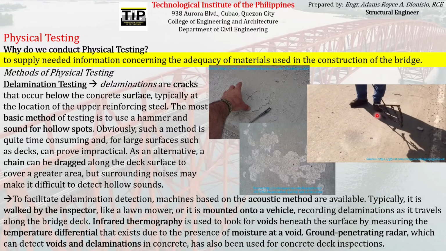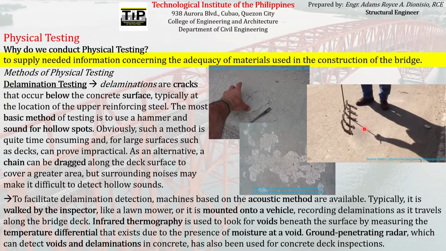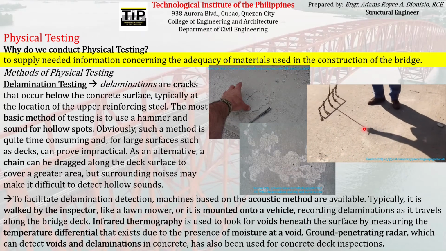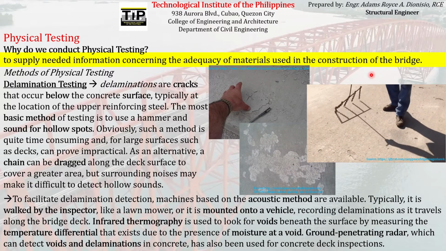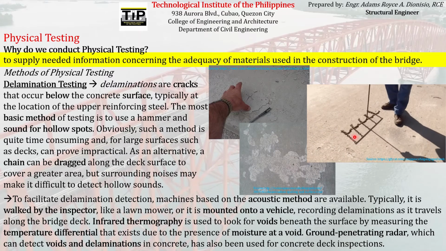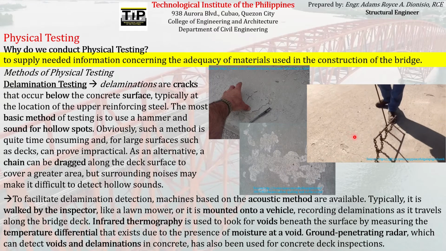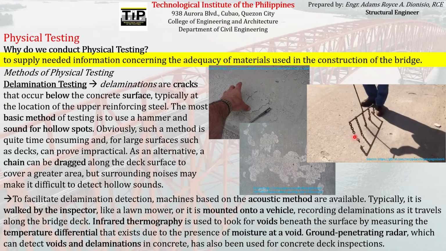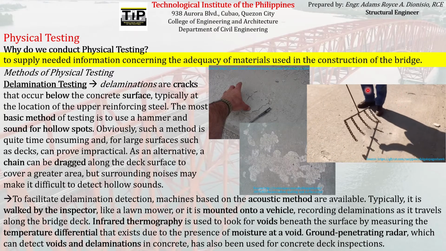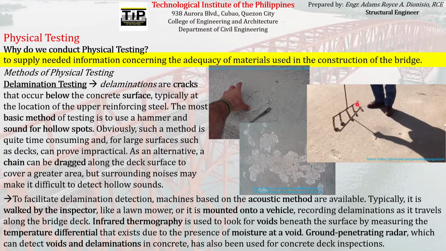As you can see here, the use of chains to detect delaminations can also be disadvantageous because the surrounding noises coming from the vehicles traveling that particular highway or bridge can affect the detection of the hollow spot sounds. Therefore, it will make the detection process difficult for the bridge engineer or the person conducting the delamination testing.